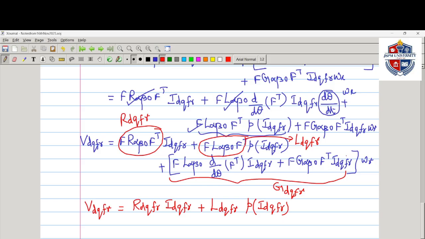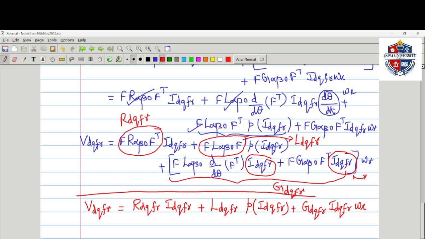I will take the current outside, since the current is a common factor. So we can write plus G dq fr into I dq fr into omega r. So this is the final equation we have derived. The next step is to find each value and make the matrix.